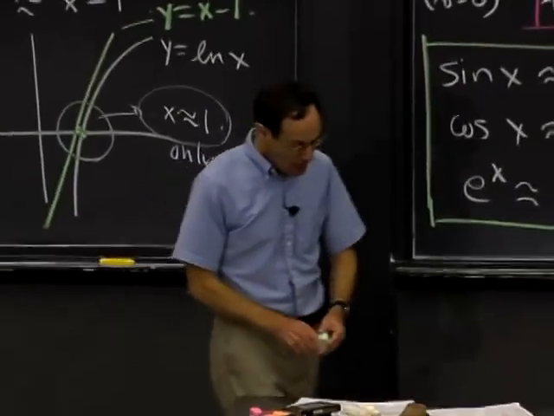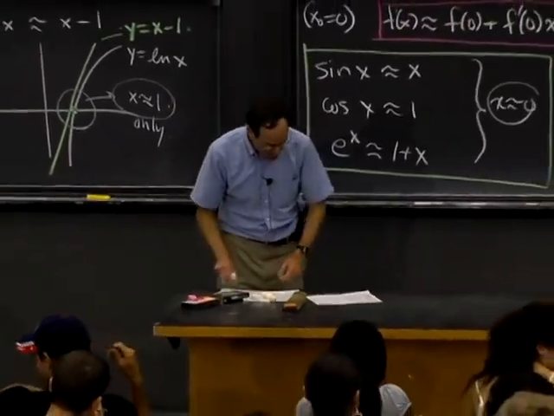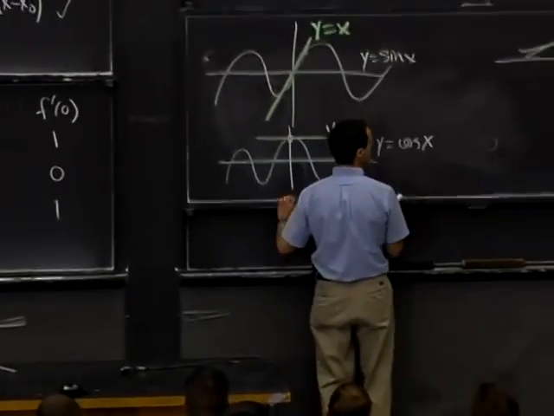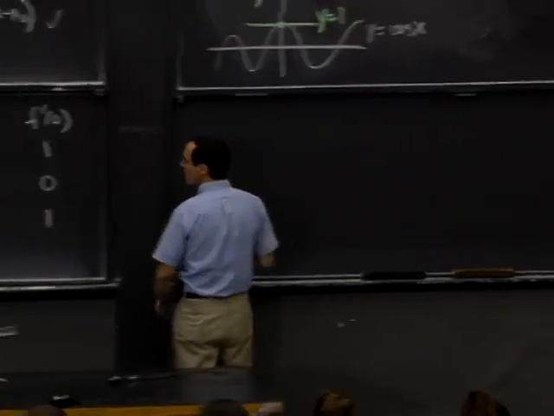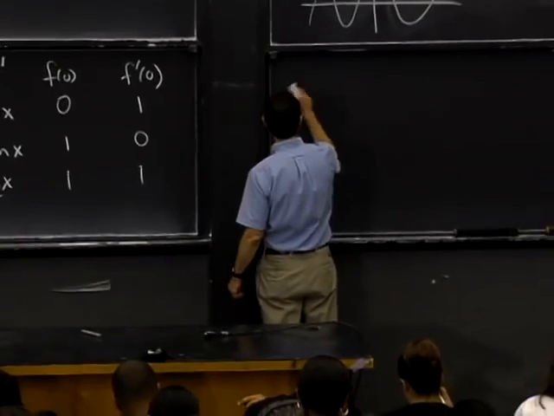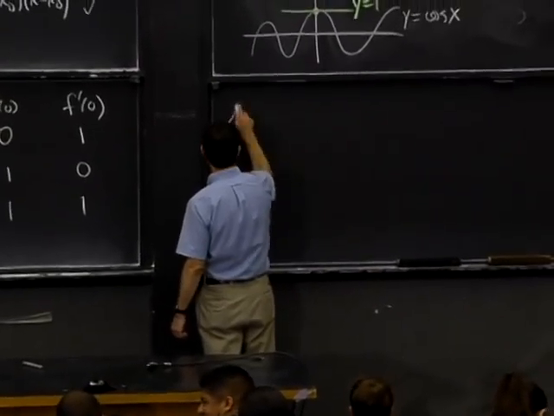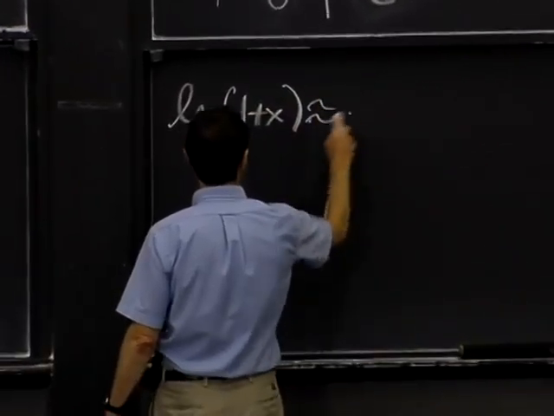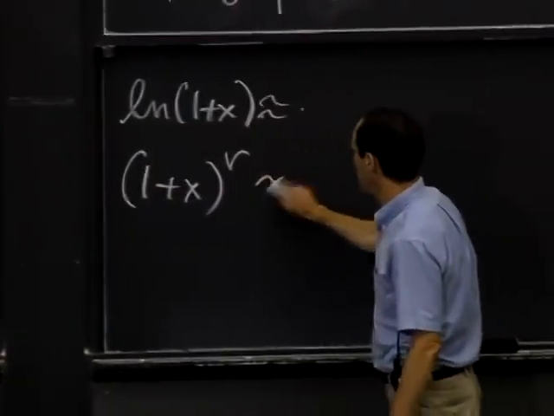Okay, so now I need to finish the catalog with two more examples, which are just slightly more challenging and a little bit less obvious. The next couple that we're going to do are log of 1 plus x and 1 plus x to the power r.